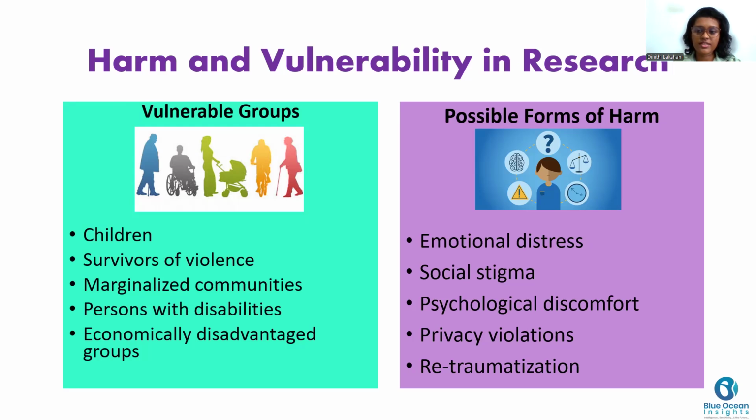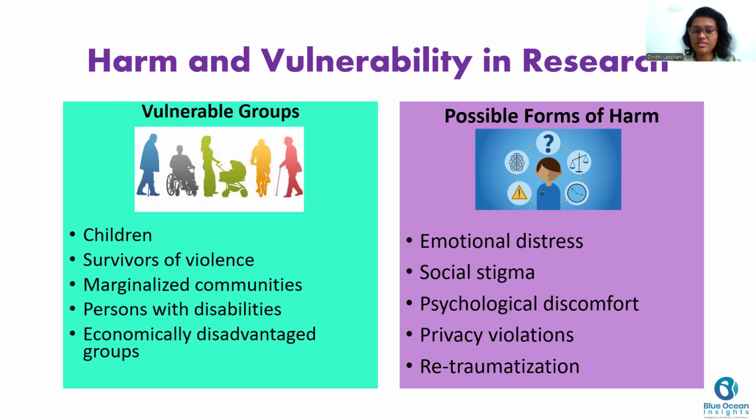These groups are vulnerable because they may feel pressured to participate or cannot fully advocate for themselves. When we engage these groups, there can be harms to them. So, harm isn't always a physical injury.